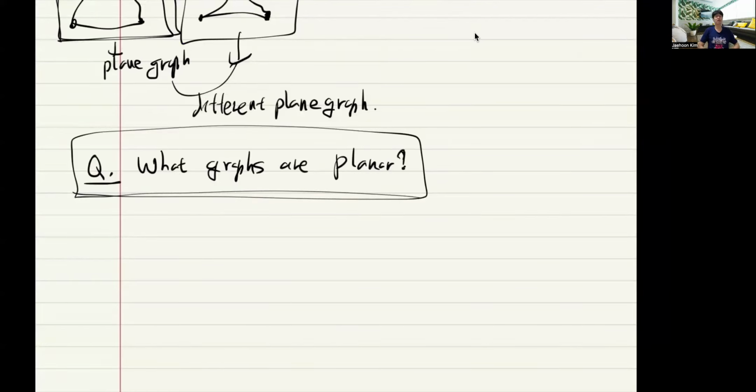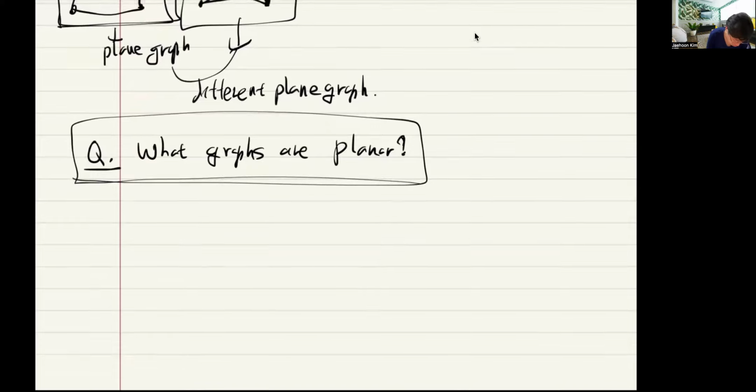In order to do that, we want to first collect some properties of planar graphs. When we are asked this kind of question, what graphs are planar, what's the first natural thing that we should do? We should find some examples which are planar graphs and which are not planar graphs. And in this case, finding some examples of non-planar graphs makes more sense.